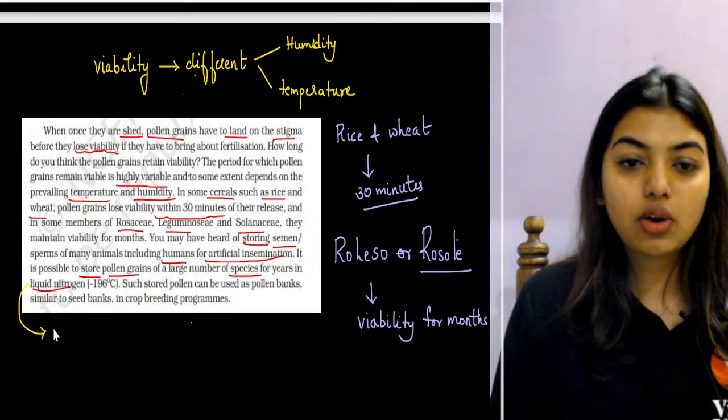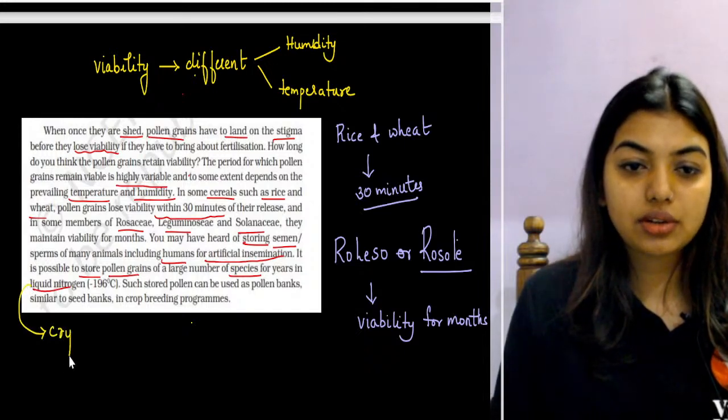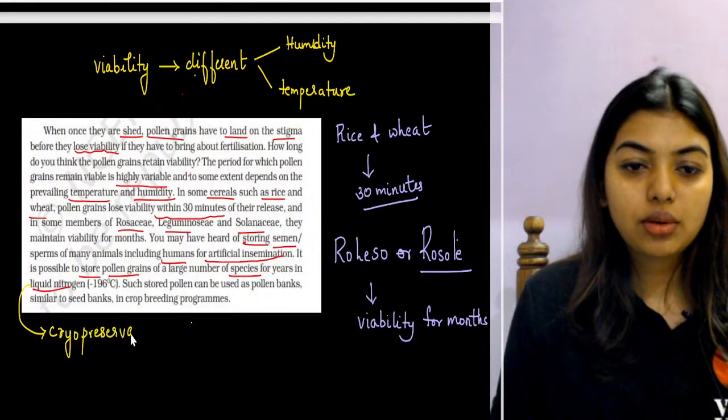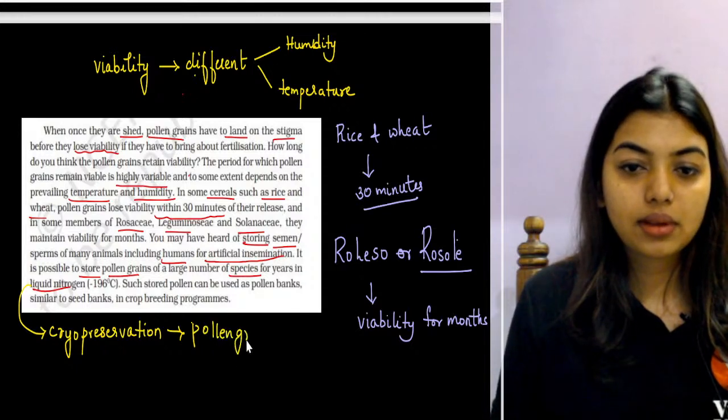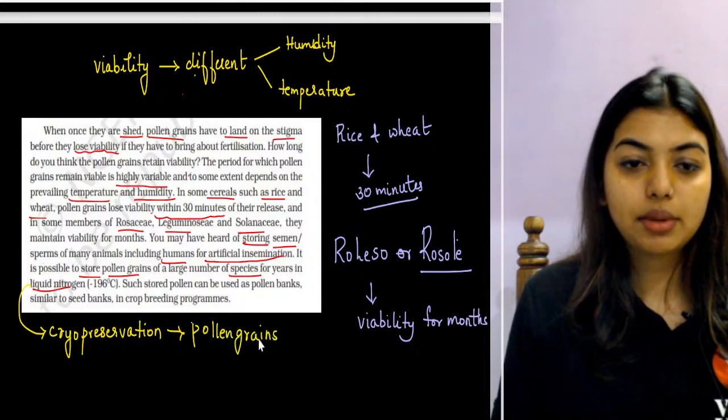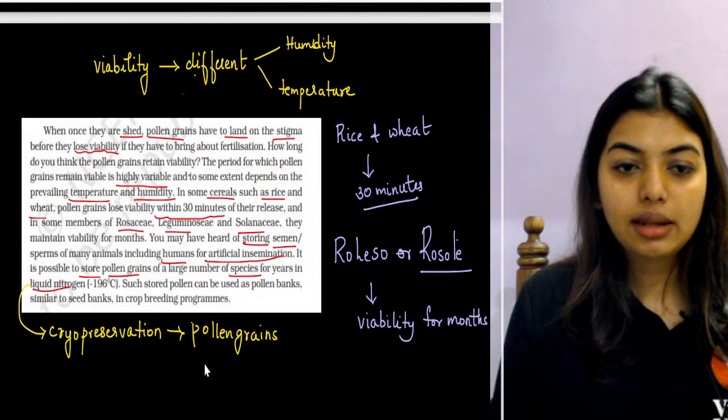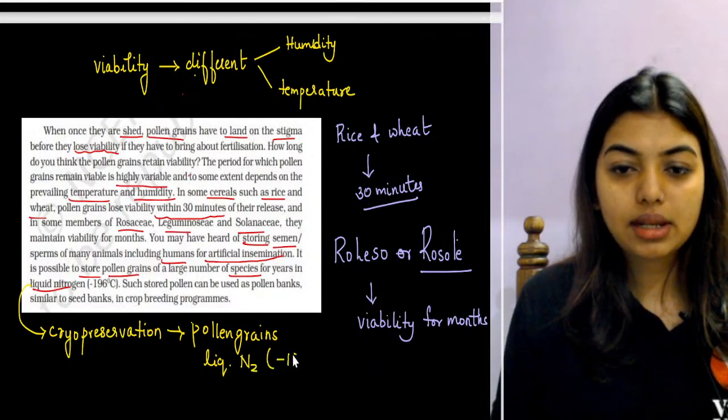So this is called cryopreservation, where pollen grains can be preserved or stored in liquid nitrogen at minus 196 degrees Celsius.